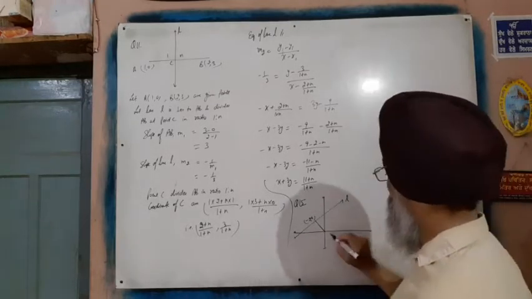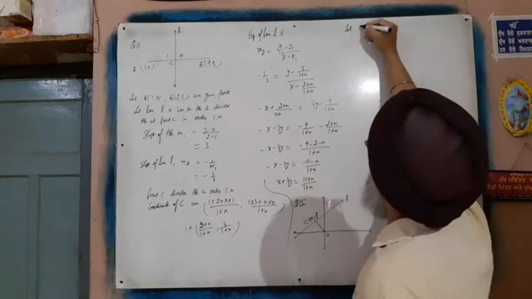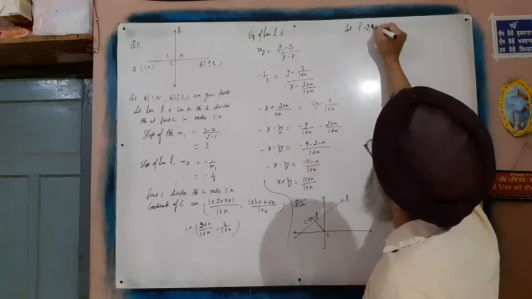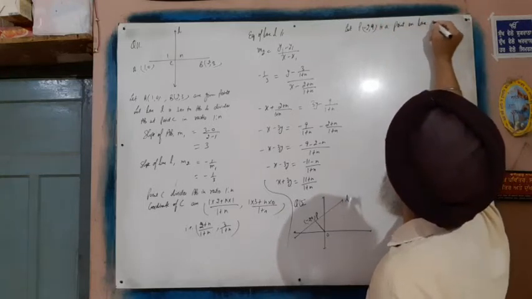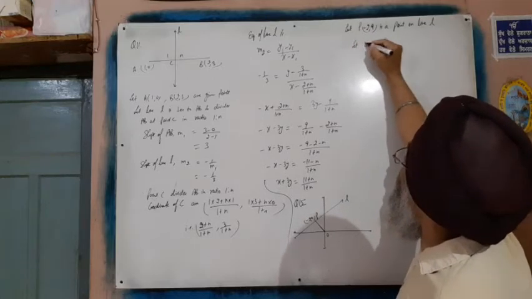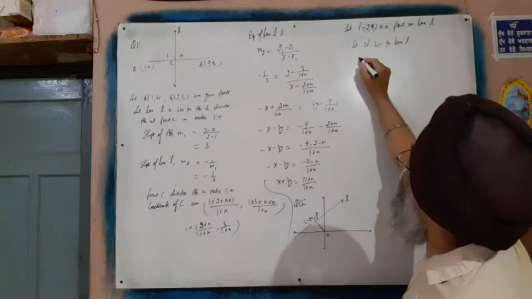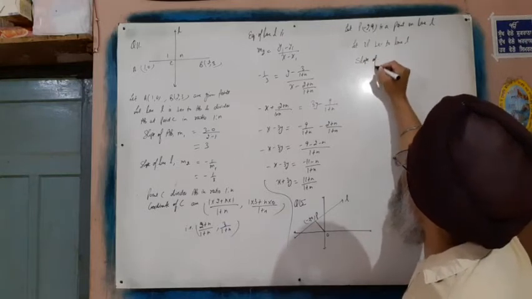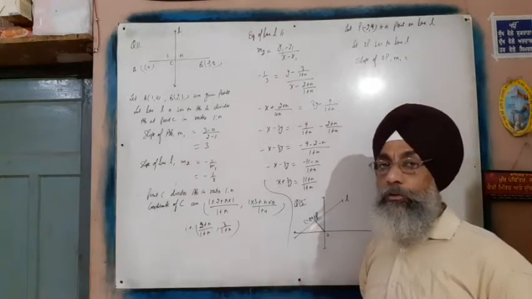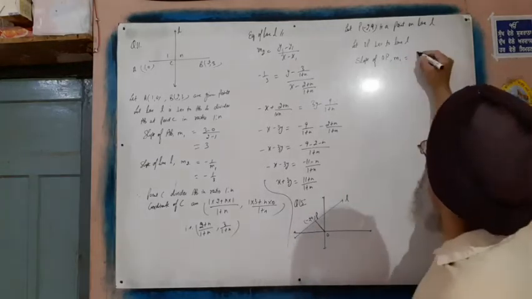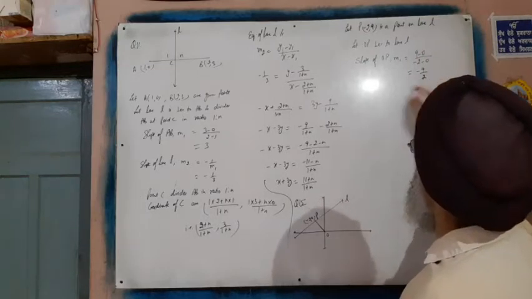Let P (-2, 9) be a point on line L, and let OP be perpendicular to line L. First of all, the slope of OP, say M1. It is the origin (0, 0). So M1 is given by y2 minus y1, 9 minus 0, upon minus 2 minus 0, that is minus 9 upon 2.